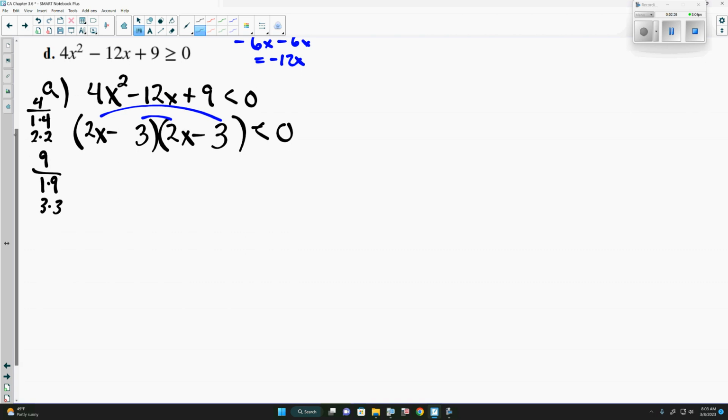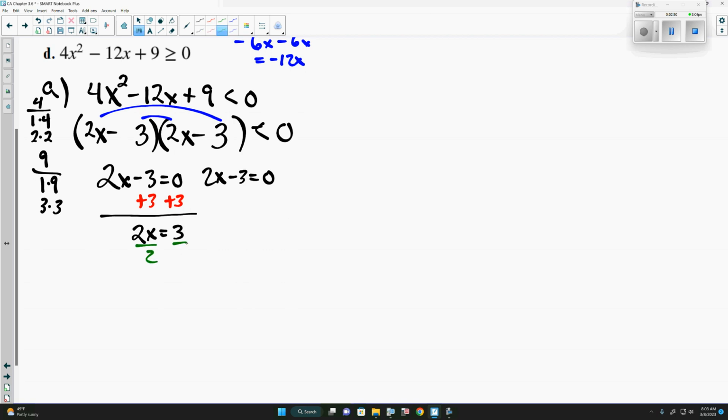Now at this point here, we could solve both of these to see where they equal 0. But since both of these factors are the exact same, we're really just going to get a point. So for the first one here, we can add 3 to both sides. Telling us that 2x is equal to 3. Divide by 2. Telling us x is equal to 3 halves.